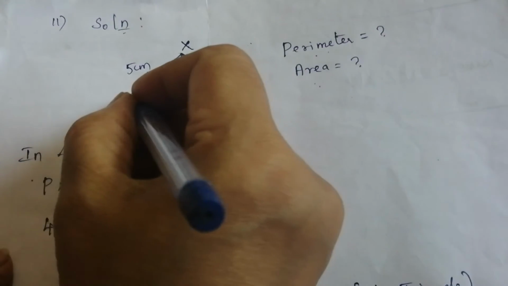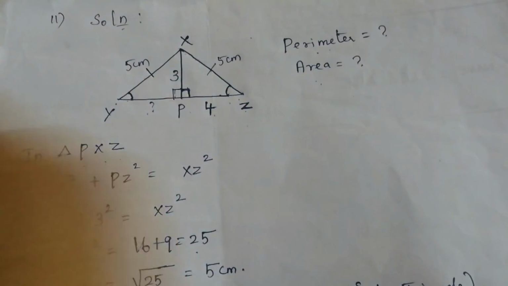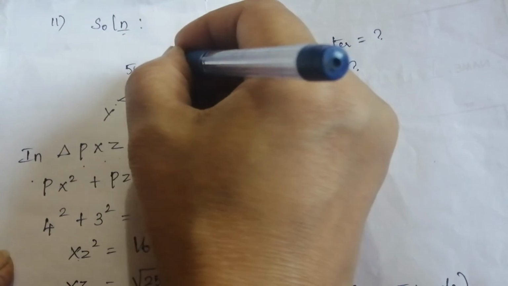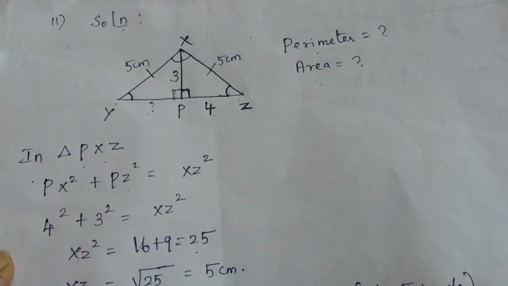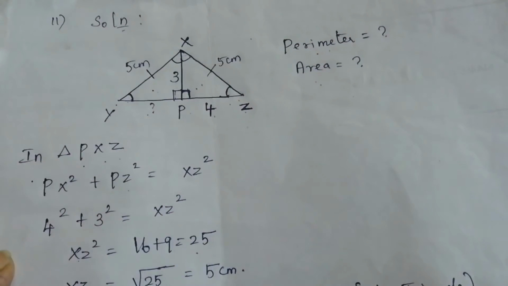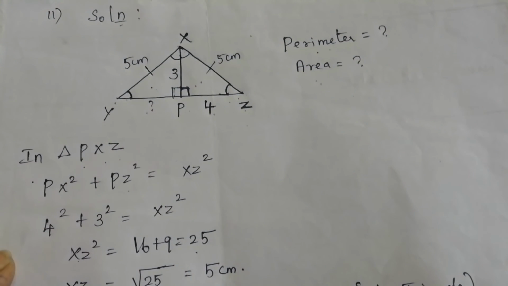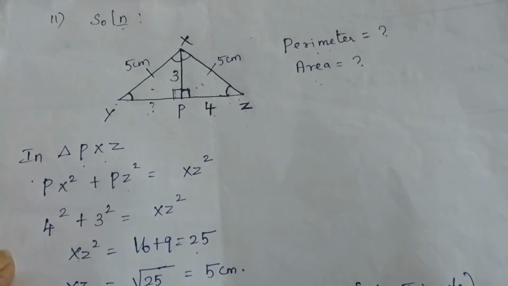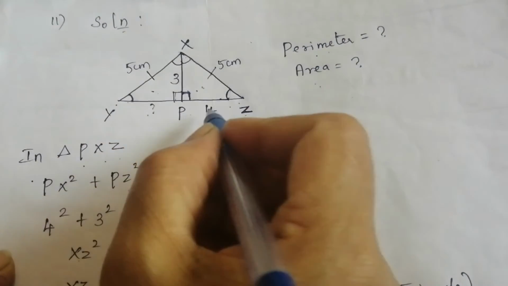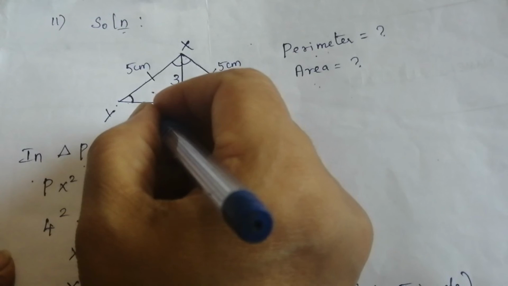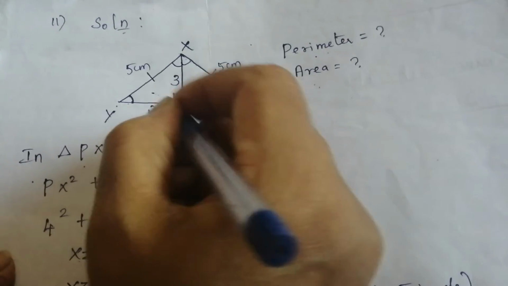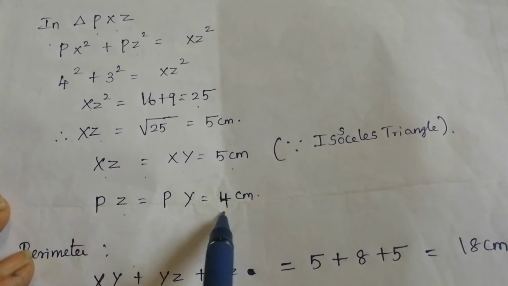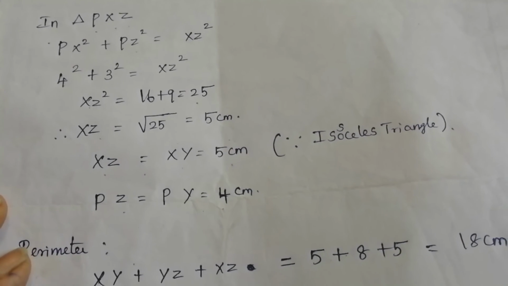This and this angle are same, so these two angles are equal. So these two triangles are equal triangles. So this side is equal to this side, 4 centimeter. PZ equal to PY equal to 4 centimeter.